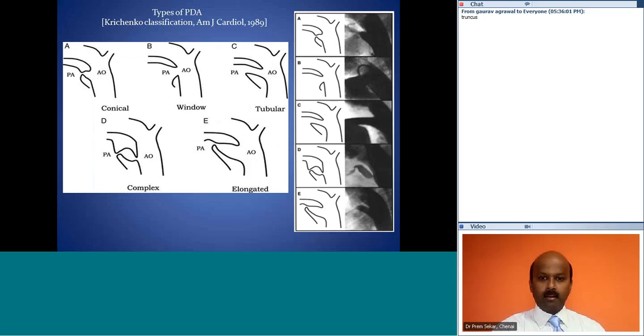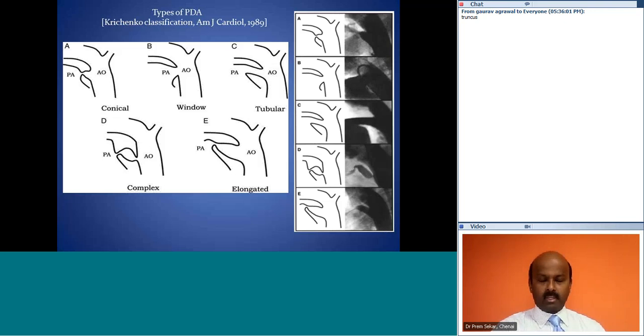Now, to be able to understand the morphological variations, it is important to understand some form of the histopathology of the ductal wall. When you look at the histopathology of the ductal wall, it's slightly different to that of the histopathology of the adjacent aorta and the pulmonary artery.